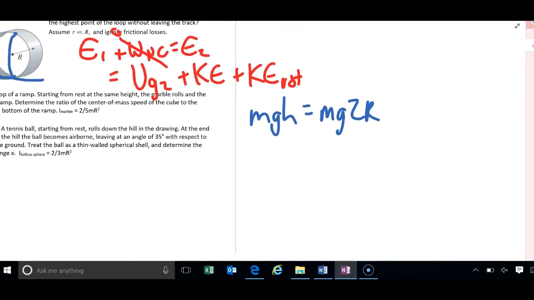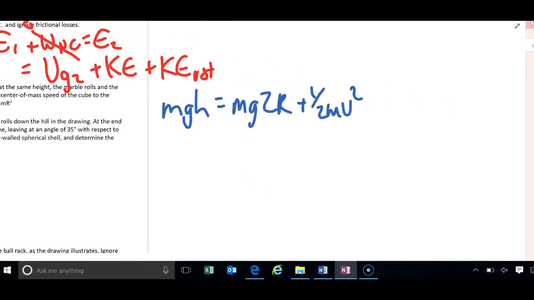Kinetic energy is 1/2 mv squared, and rotational kinetic energy, the one we learned today, is 1/2 I omega squared. Now, the problem here is you have rotational variables and everything else is linear.